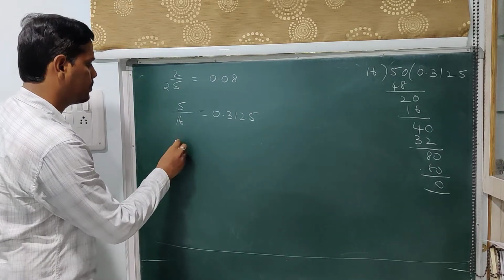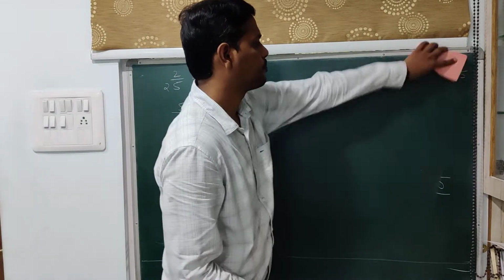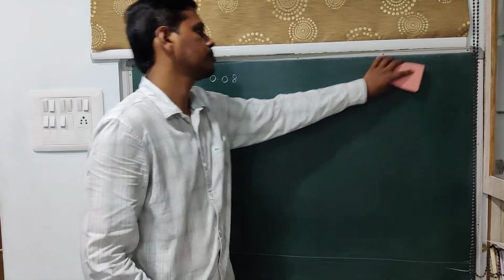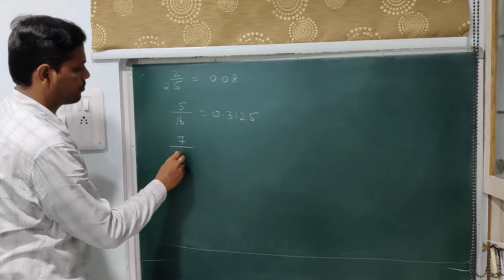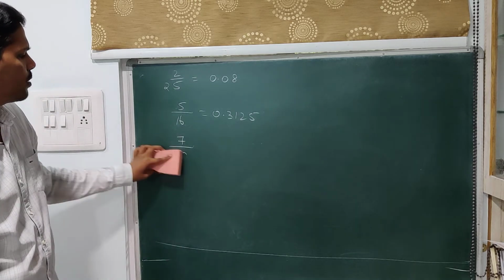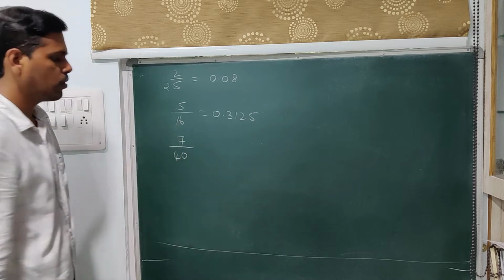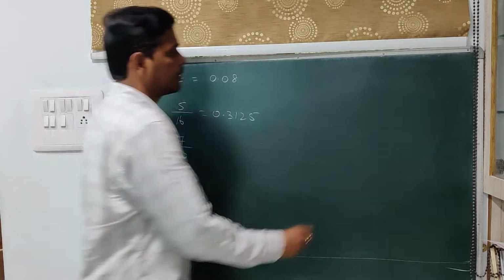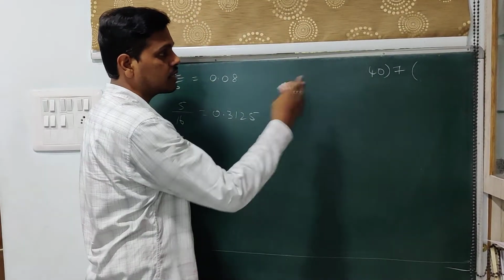Next we go with some 7 by 80, or rather 7 by 40. You go with that. 7 by 40. So 7 divided by 40. 7 is less than 40.